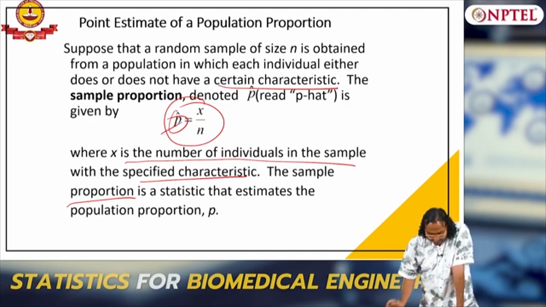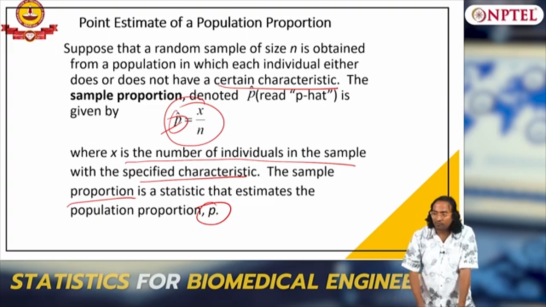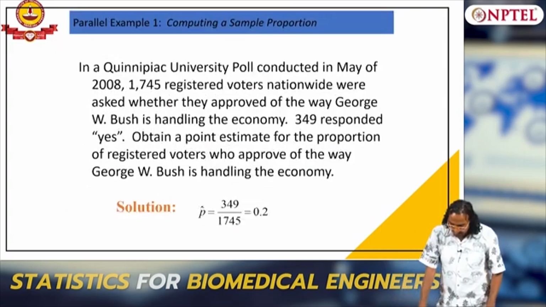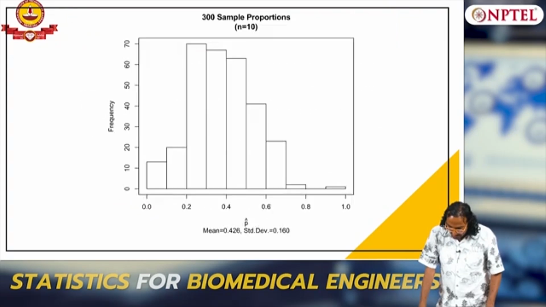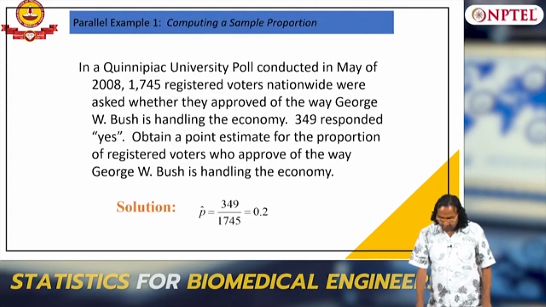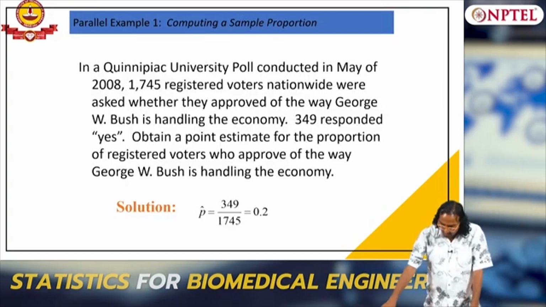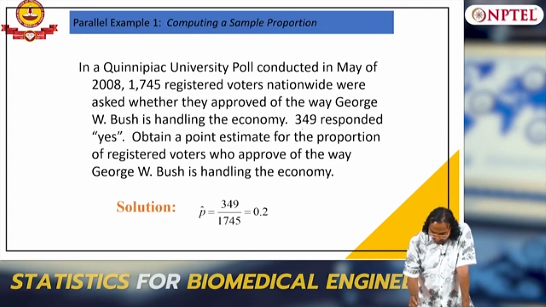And what are we interested in? We are interested in estimating the population proportion from a sample proportion, and we can show here again that this is my p hat, for a certain problem. 349 responded yes, out of 1745. So p hat is 0.2.